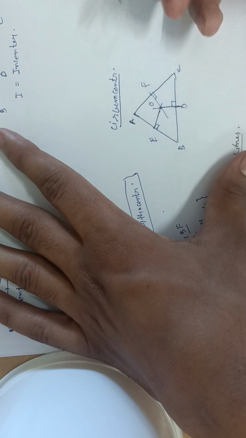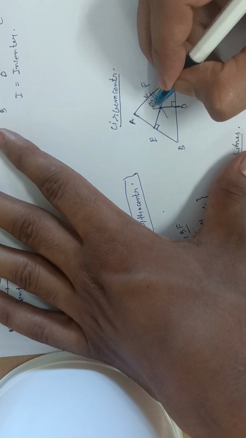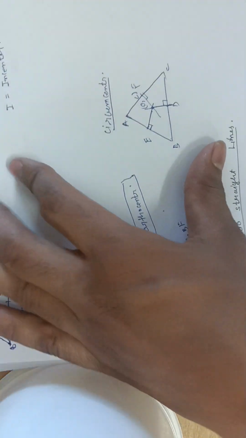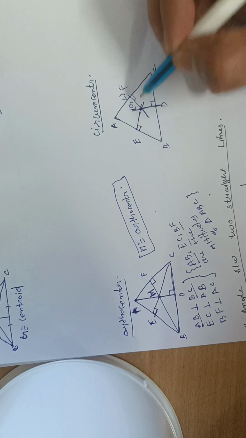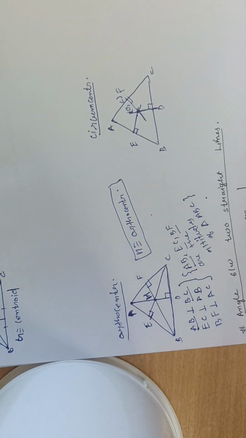This is called the circumcenter, represented by C as well as O, and the point of intersection of all these lines is called the circumcenter.